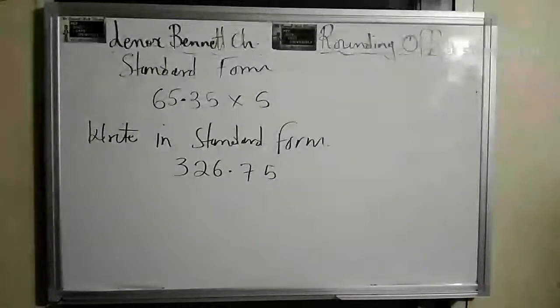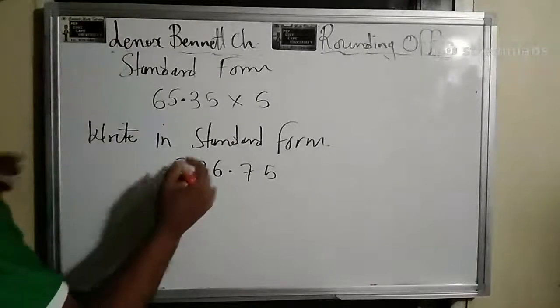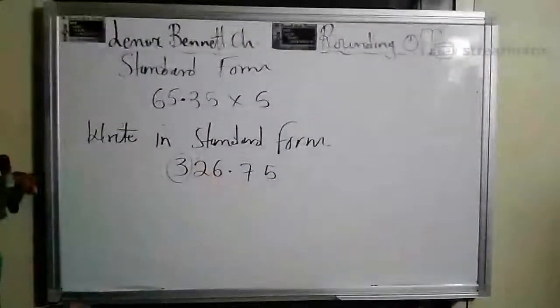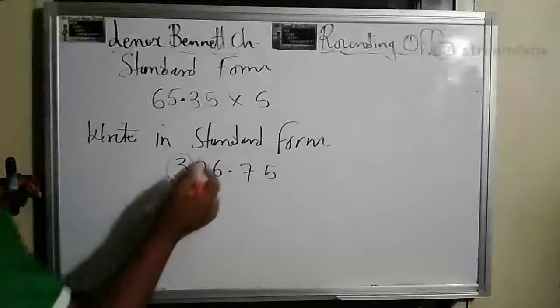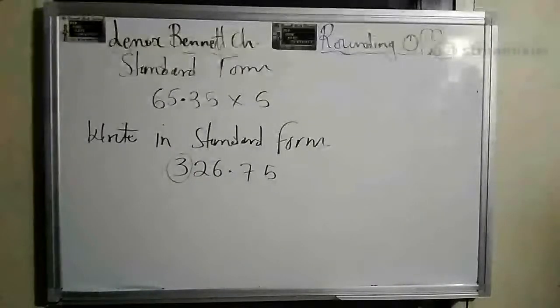Alright, so now we want to write in standard form, and as we said before, it must be between 1 and 10, so it means that 3 is between 1 and 10. It cannot be 32 because 32 is not between 1 and 10.